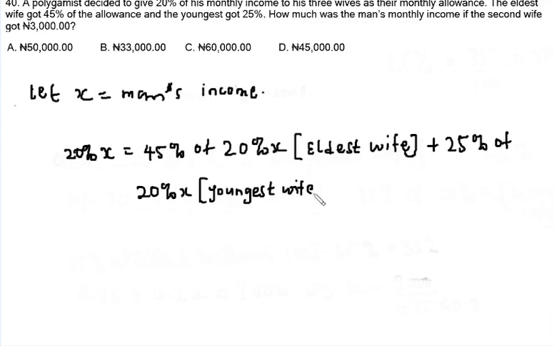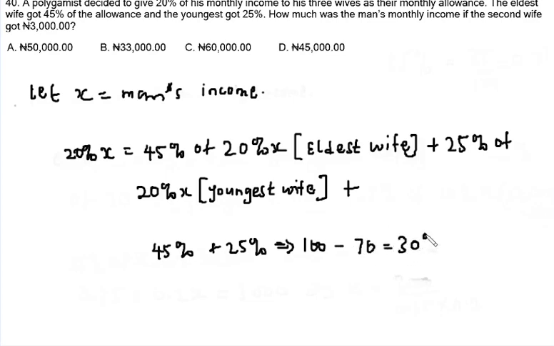And then for the third wife, it is common sense to know that for the second wife to get 45%, right? And then the youngest wife to get 25%. That leaves us with 100 minus 45 plus 25, which is 70%, which is 30%. So that means the middle wife got a 30% share. 30% of that 20% of the man's money goes to the second wife.